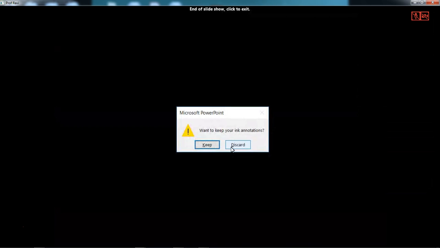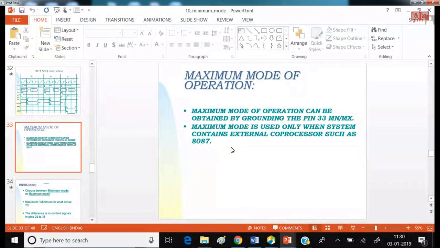Okay, so this is the minimum mode and maximum mode of operation of 8086. So in maximum mode, the processor accommodates another co-processor which will do floating point operations. Is it all right? Yeah.